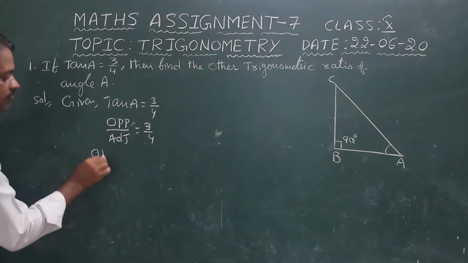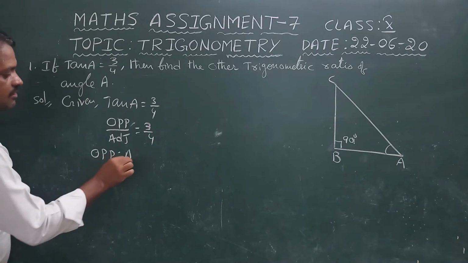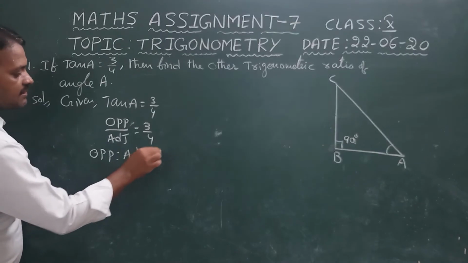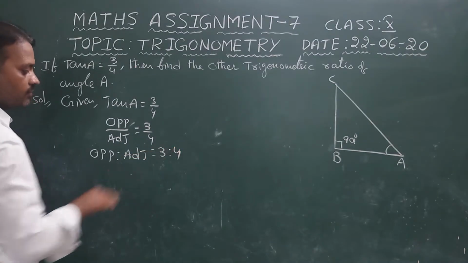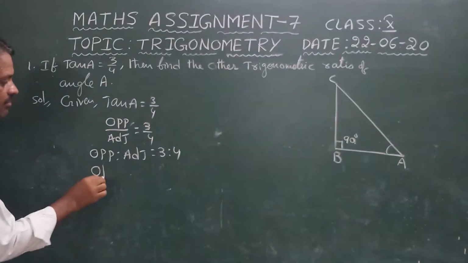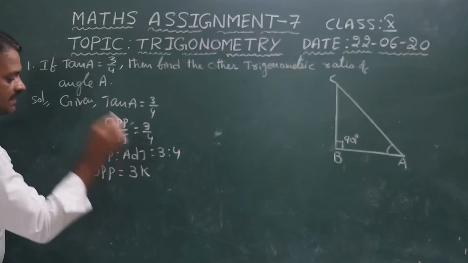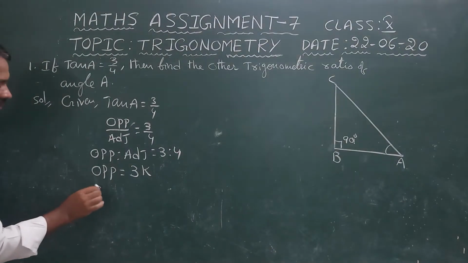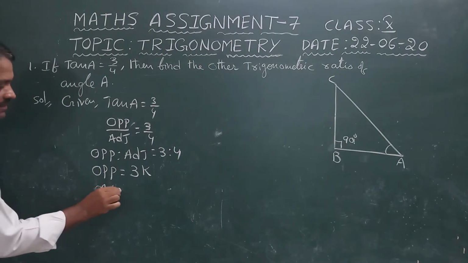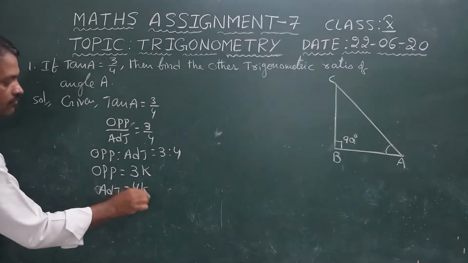So the ratio of opposite side to adjacent side is 3 is to 4. Opposite side is 3k, and adjacent side is 4k.